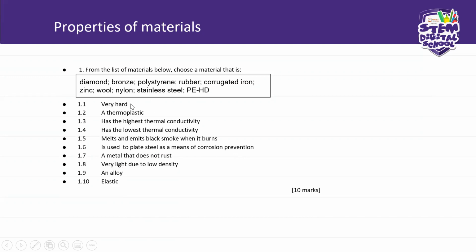I want you to choose from these materials.